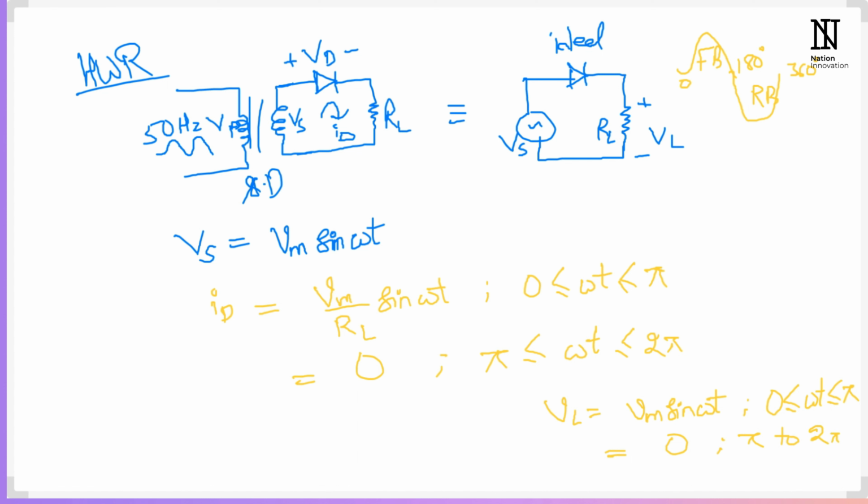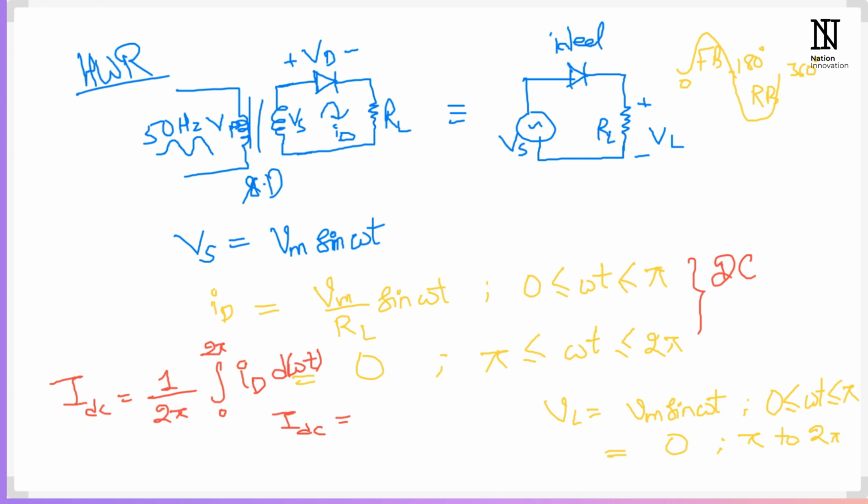Now, if we calculate the DC value of this complete current, IDC will be over the complete time period, that is 2 pi. We integrate it with respect to omega t, and if you solve this, you will get IDC equals Im by pi, or you can say 0.318 times Im.